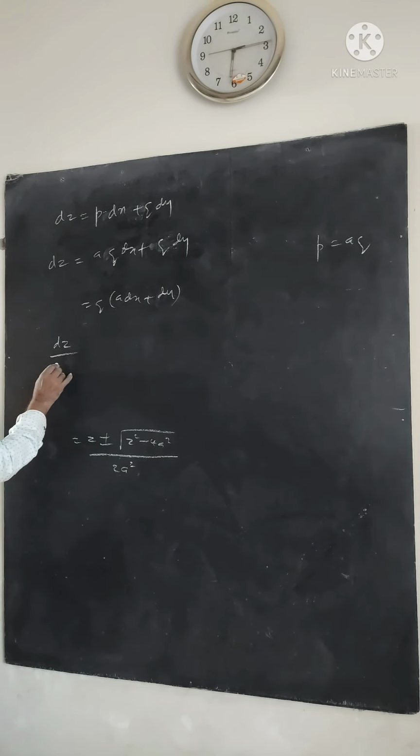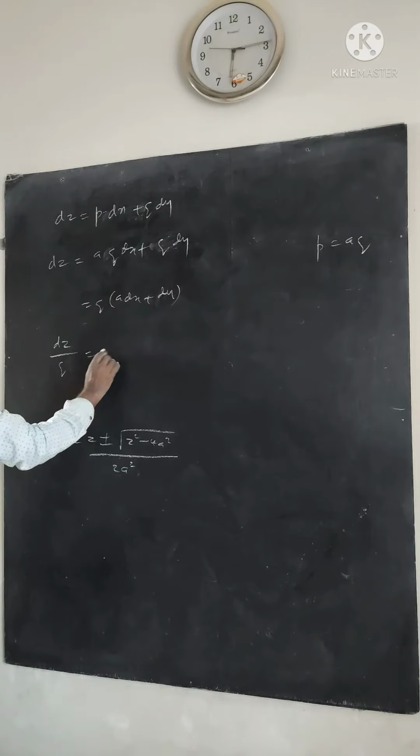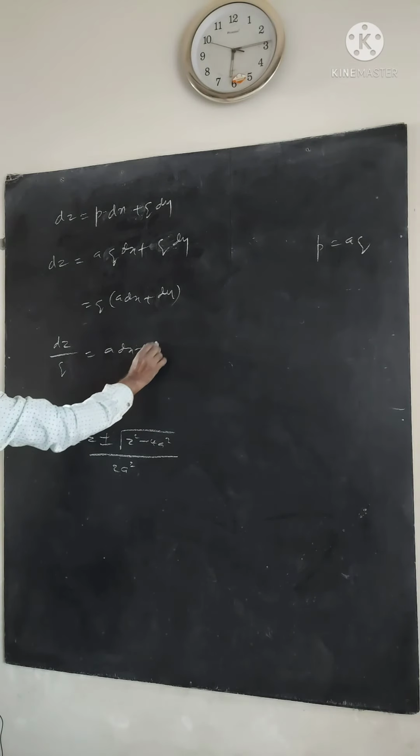Bringing the denominator to the left, dz by q equal to a dx plus dy.